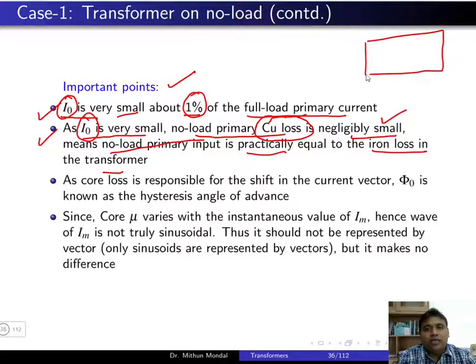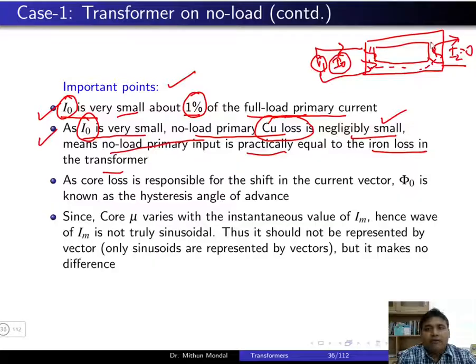If you have a transformer whose primary winding is connected to the source V1, the current I naught is taken by the primary winding while the secondary is under the no load condition, so no current flows there; I2 is 0. This I naught component is used to produce flux in the core of the transformer, and it is about 1% of the full load primary current I1.